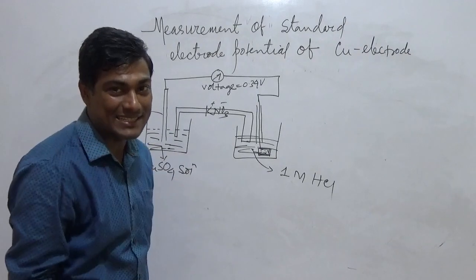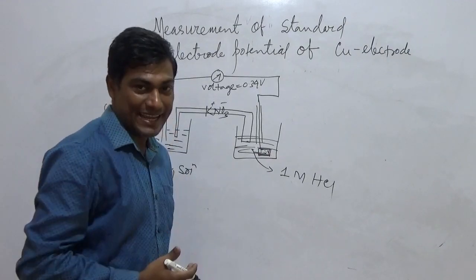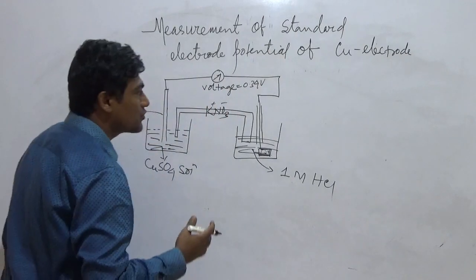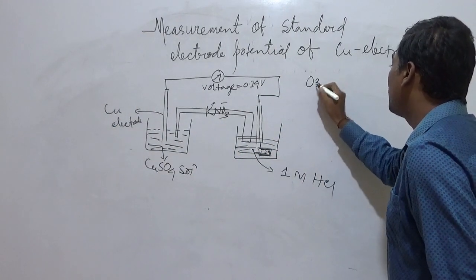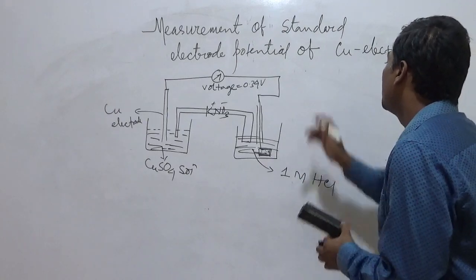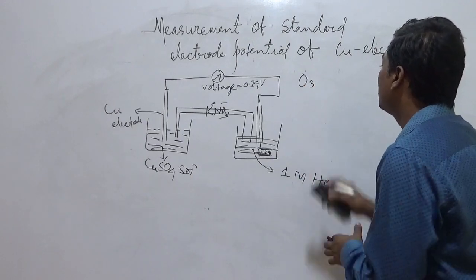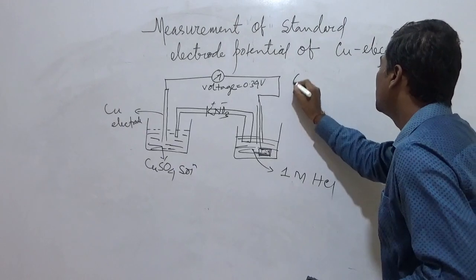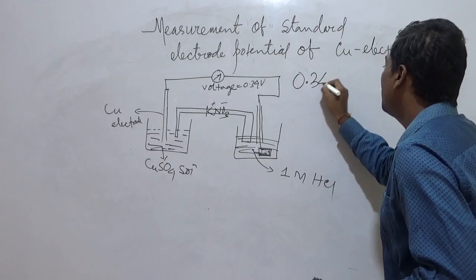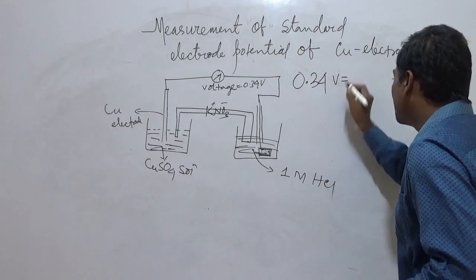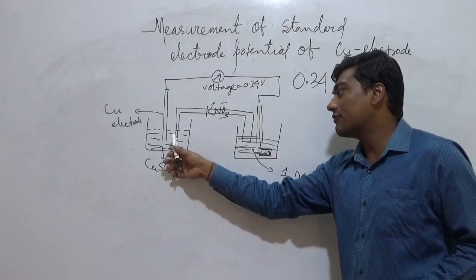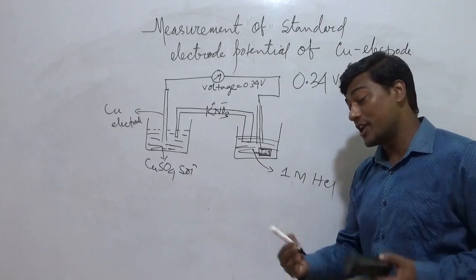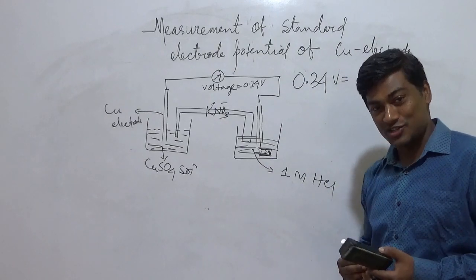Once you get a constant voltage, you see 0.34 volt is equal to a combined effect of the oxidation electrode potential and the reduction electrode potential.